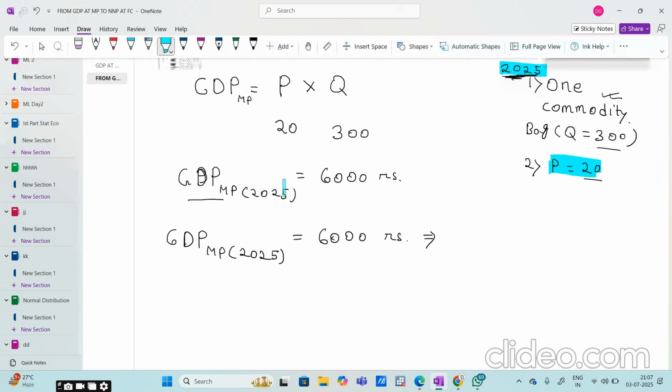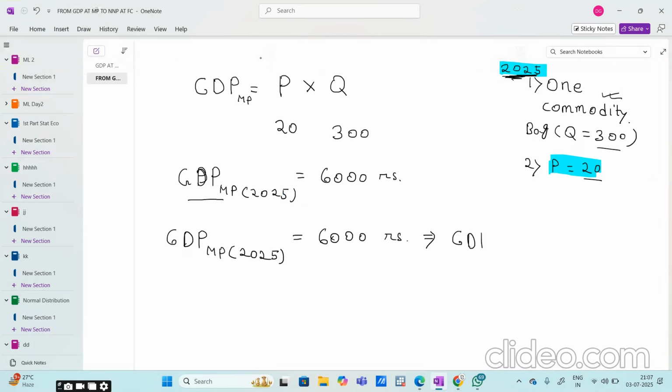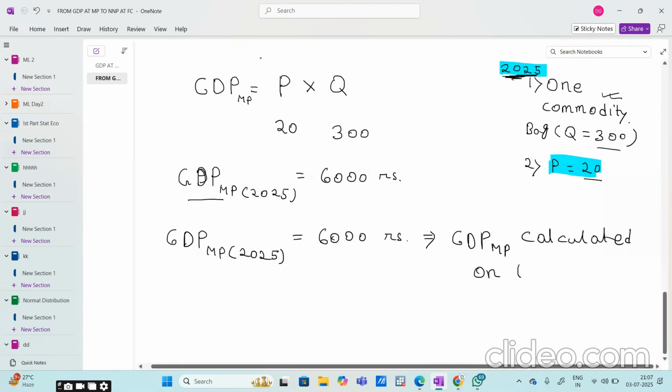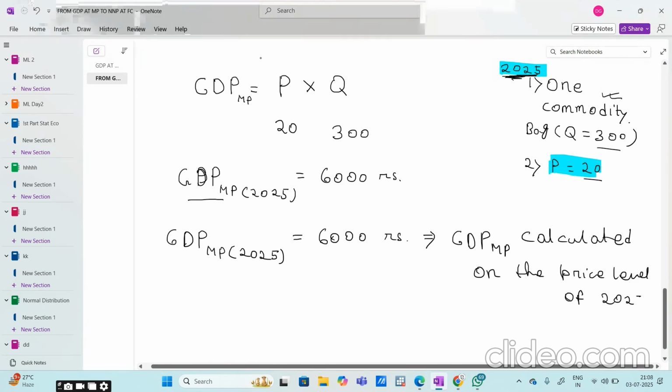So can I write this that this is GDP at market price calculated on the price level of 2025? Yes, I can write that.